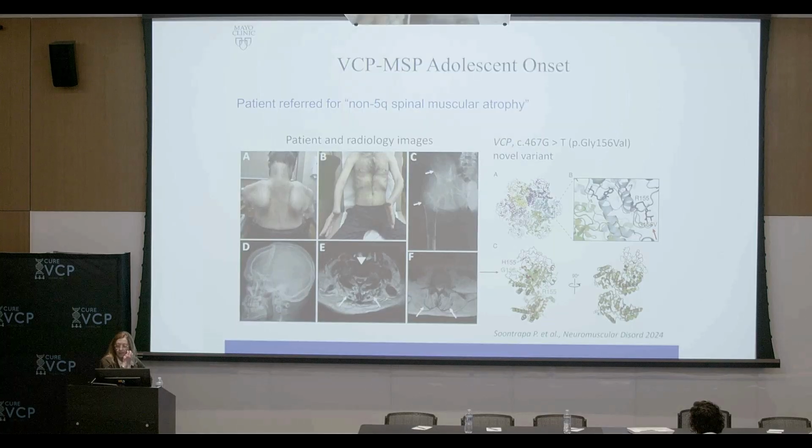The radiograph of the skull also shows features of Paget, especially in the calvarium and the parietal bone. And the MRI of the cervical spine showed deformity of the C3 vertebral body, which is the arrowhead, with expansion of the posterior element, also a feature of Paget disease. And there was marked atrophy of the paraspinal muscles at the cervical as well as lumbar region.